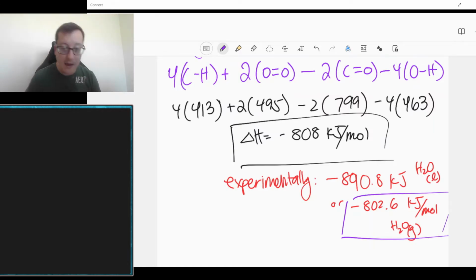So probably we're looking at the gaseous water vapor for this reaction. And we're going to see that there's just a slight difference because of theoretical versus actual things happening here. So we see that in reality, we're looking at about 803. We calculated negative 808. So pretty close. Just by looking at what bonds are broken and formed using these numbers, we can figure this out.